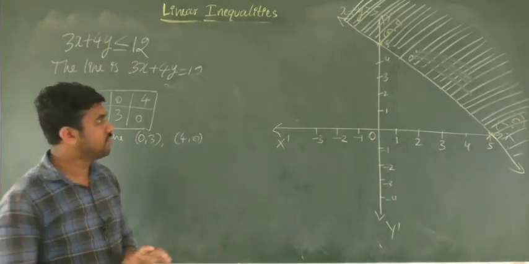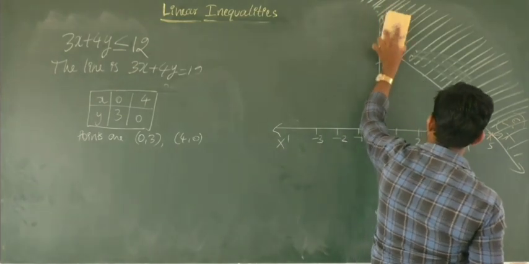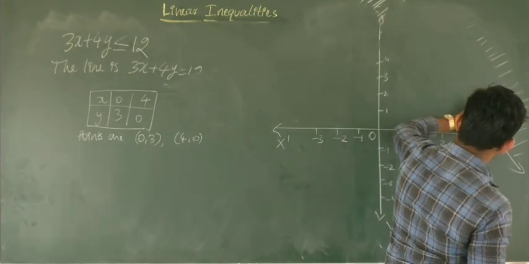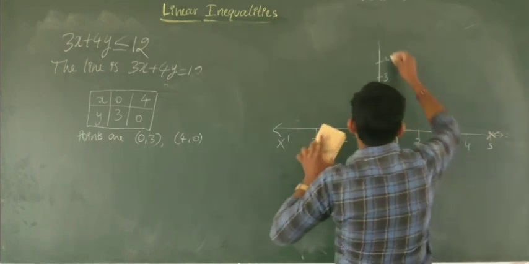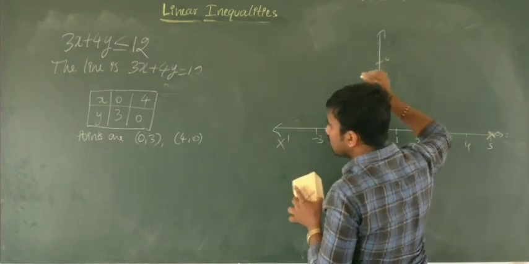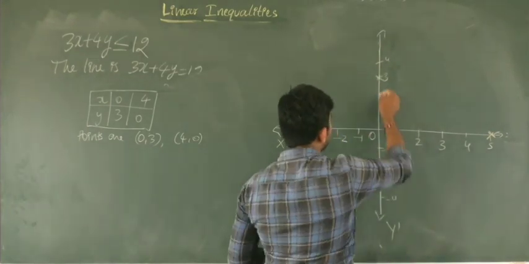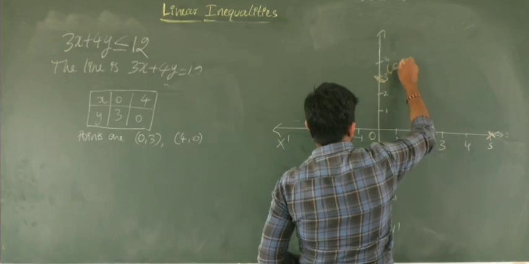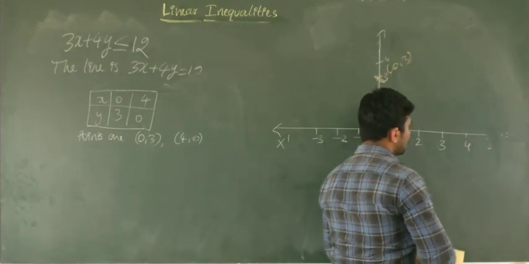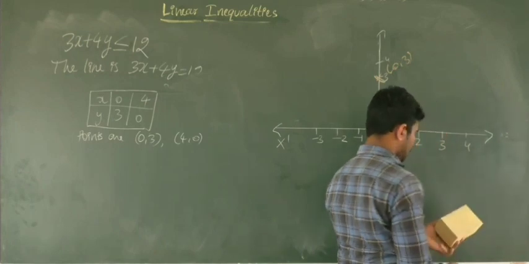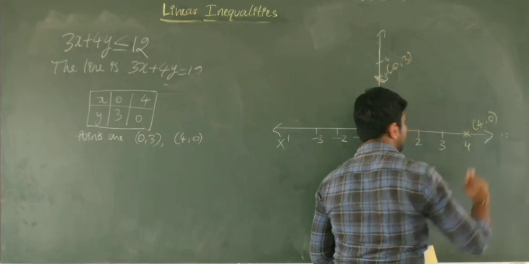We'll mark those points here. This point is (0, 3), and this point is (4, 0).